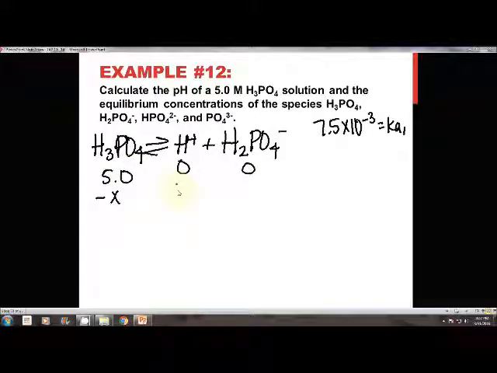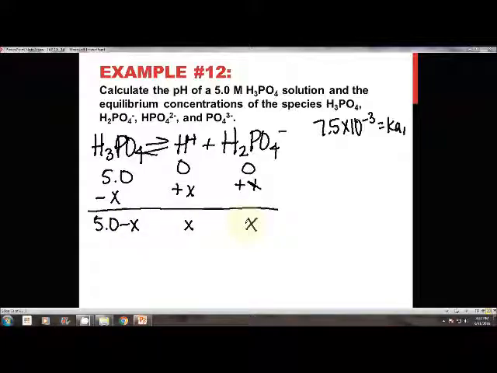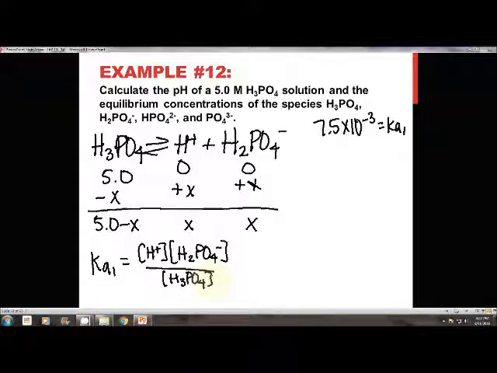We're going to lose from the reactants and gain from the products, so that at equilibrium we have 5.0 minus X, and X, and X. Then we plug into our K expression, where Ka1 is equal to the H+ concentration times the concentration of the H2PO4 minus 1, all over the concentration of the phosphoric acid.